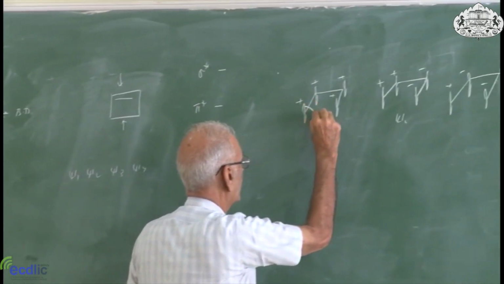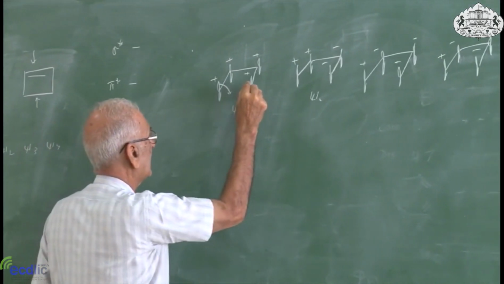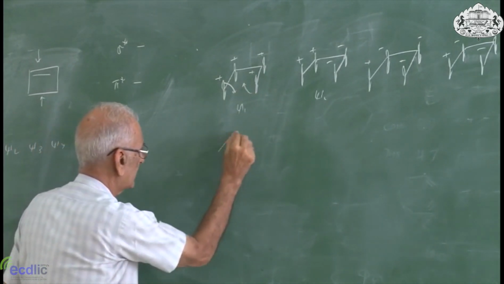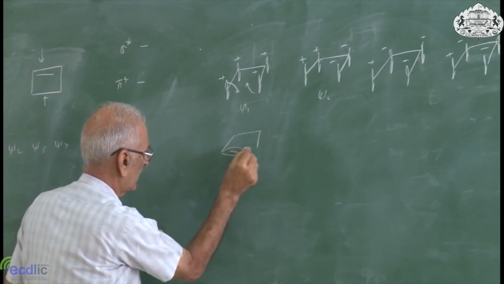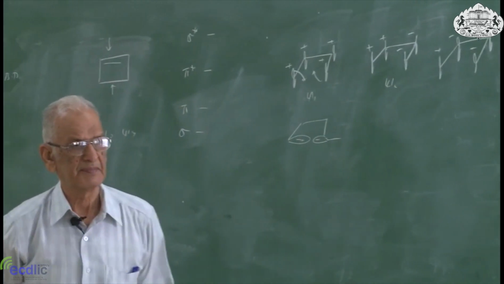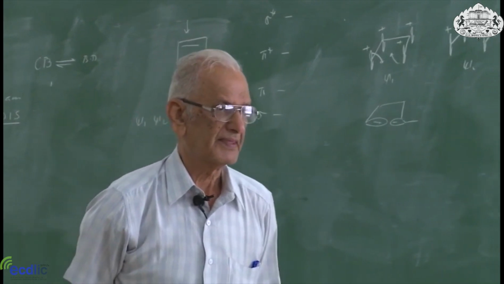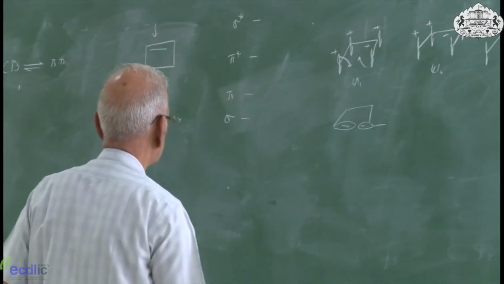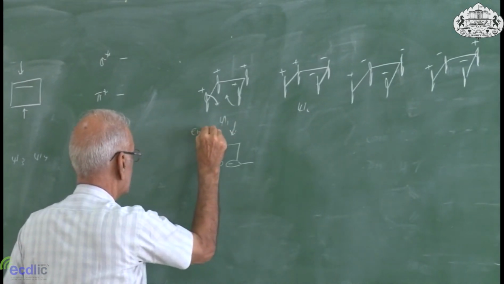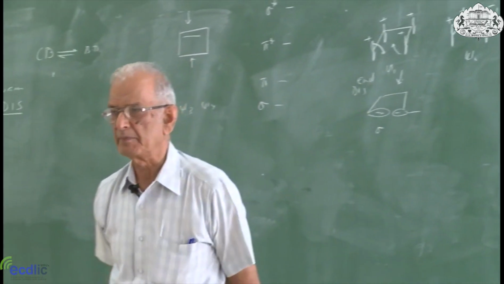So, this is moving in what direction? Clockwise. This is moving in an anti-clockwise manner. So, what is the result? Plus and minus. So, this rotatory process will give you sigma star, looking at the end orbitals.